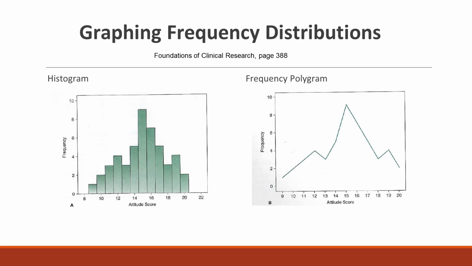The frequency of each score is plotted on the y-axis, vertical, and the measured variable, in this case attitude score, is on the x-axis, horizontal. The bars are centered over the scores. A frequency polygon is a line plot where each point on the line represents frequency or percentage. The frequency polygon to the right plots the same data set.